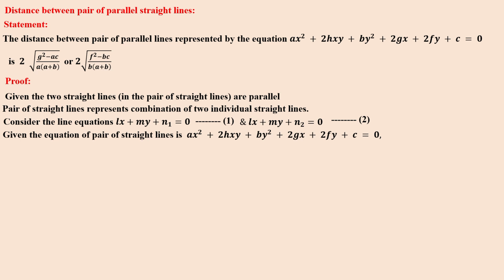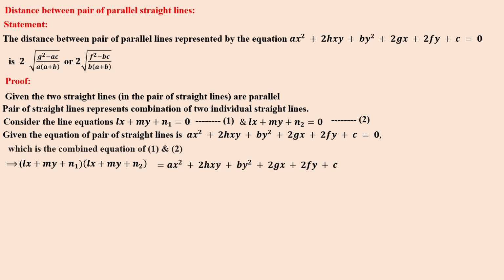Given the equation of pair of straight lines is ax² + 2hxy + by² + 2gx + 2fy + c = 0, which is the combined equation of 1 and 2. So the combination of 1 and 2, that is multiplying 1 and 2: (Lx + My + N1)(Lx + My + N2) = ax² + 2hxy + by² + 2gx + 2fy + c.